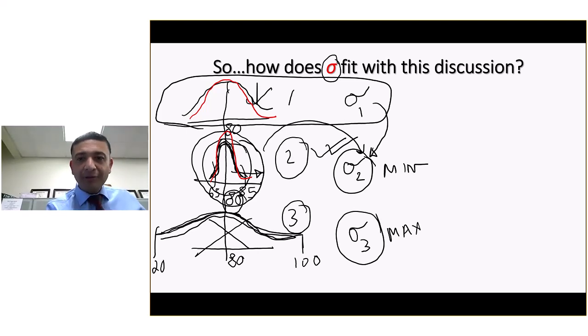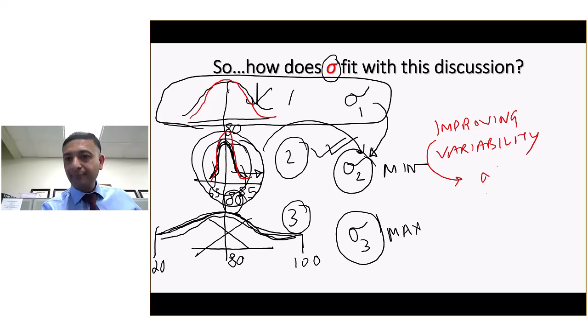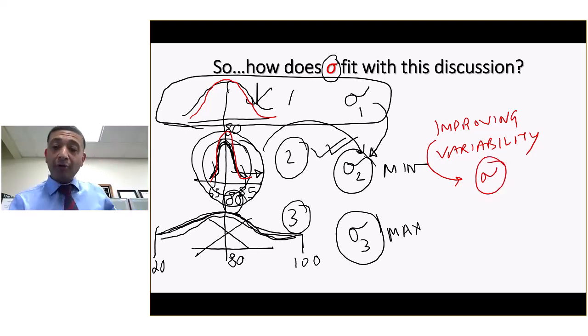What did you do in the process? You are improving variability. You are improving sigma. So what have we done so far? We have talked about what we are measuring. How can you measure sigma?